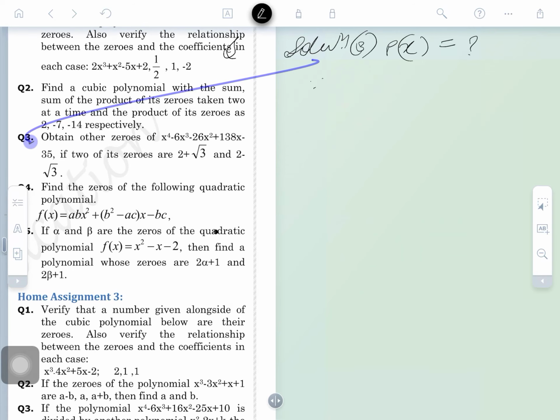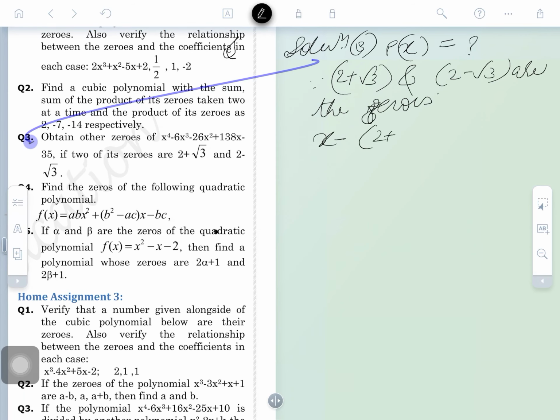Since 2 plus root 3 and 2 minus root 3 are the zeros, therefore x minus (2 plus root 3) is one factor, okay, and the next is x minus (2 minus root 3). So what is next? x minus, the next is what?